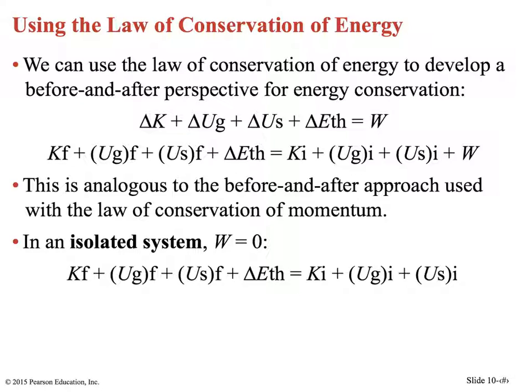So what this is showing is how my kinetic, potential, spring potential, thermal will all equal the work added into it. So here all my final energy is going to equal all my kinetic. If I add work in, I may gain some thermal energy as well.